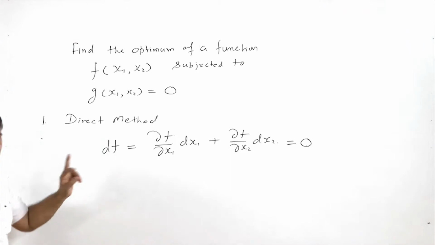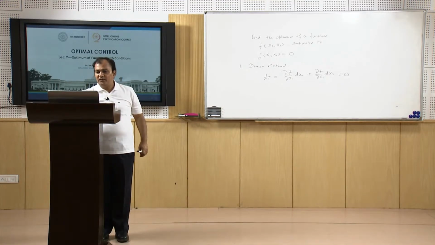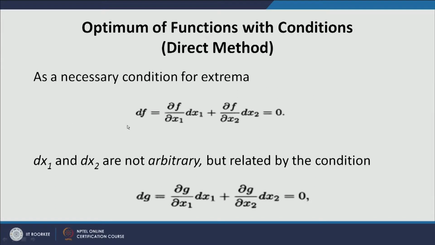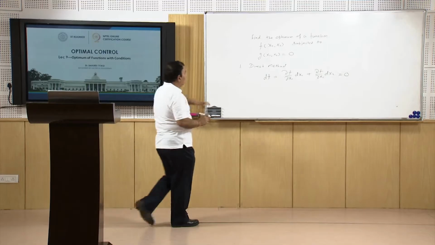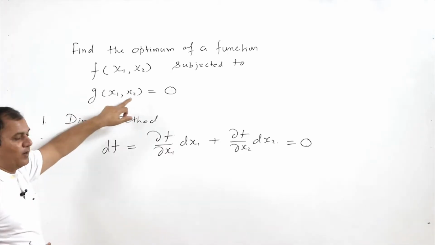So, this is my necessary condition for extrema, my df should be 0. Similarly, g is also a function of x1 x2.